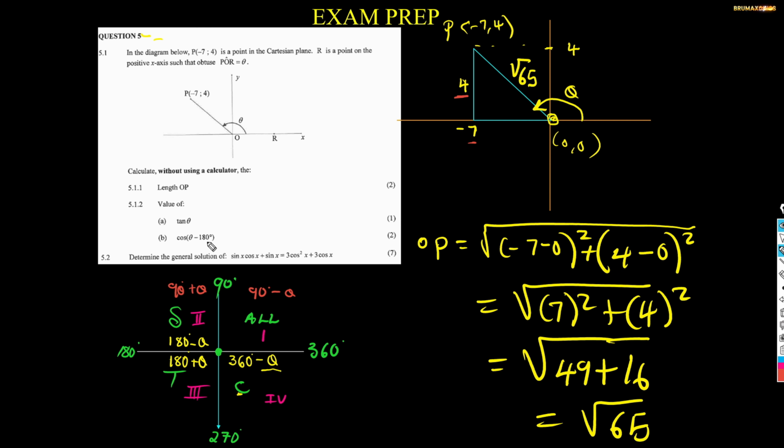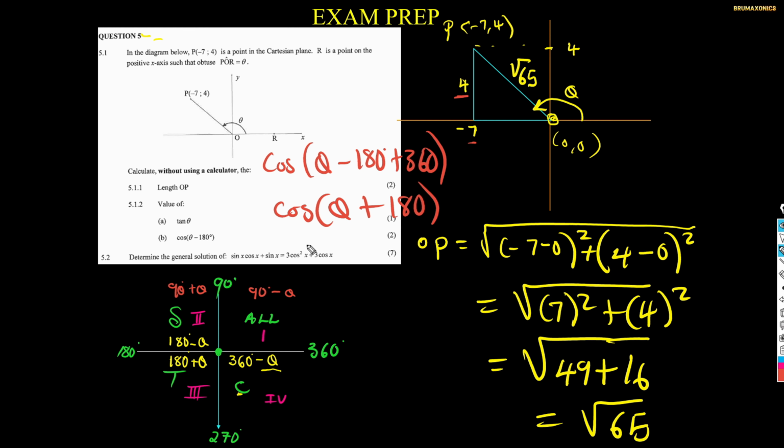We are allowed to add 360 to it, and then this will be cos of theta plus 180, and we can now say this is just cos 180 plus theta.